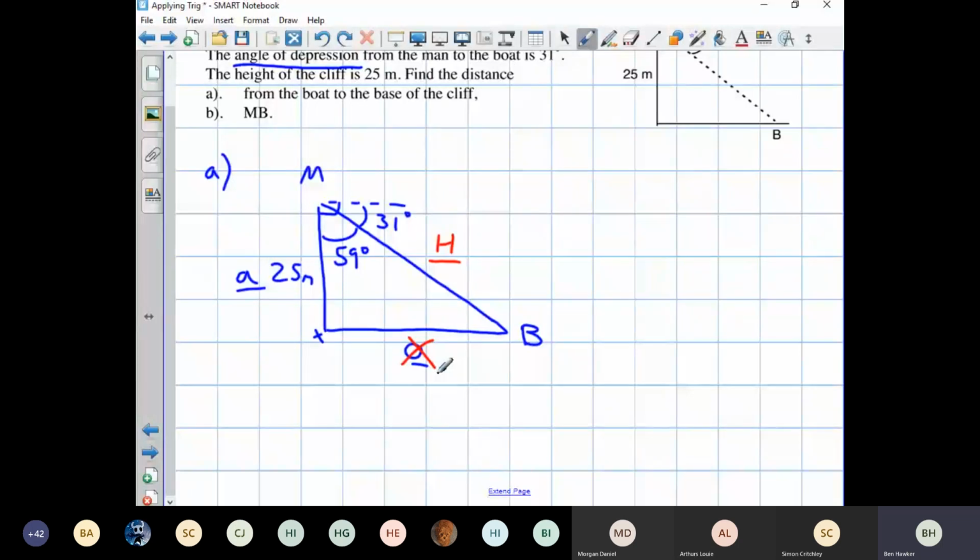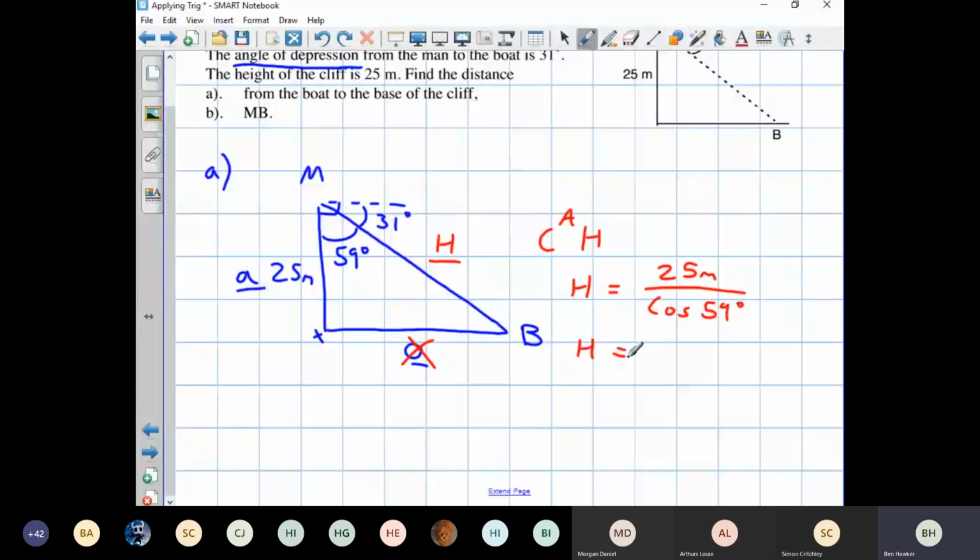Therefore, I'm going to be using cosine, and I want to work out the hypotenuse, and the hypotenuse is going to be 25 meters divided by cosine of 59.